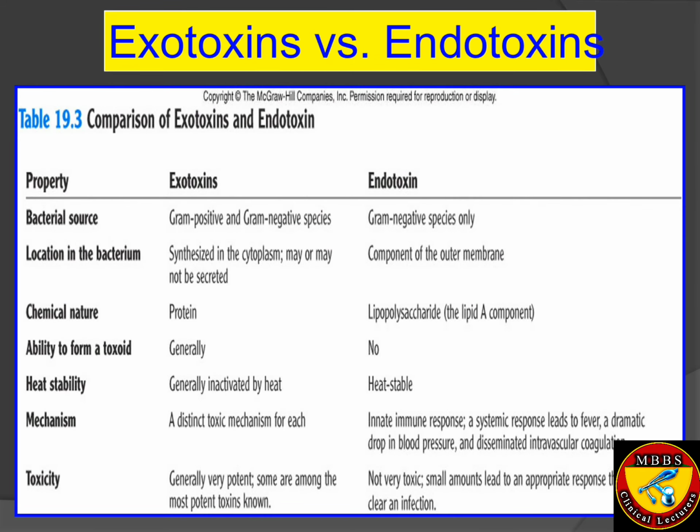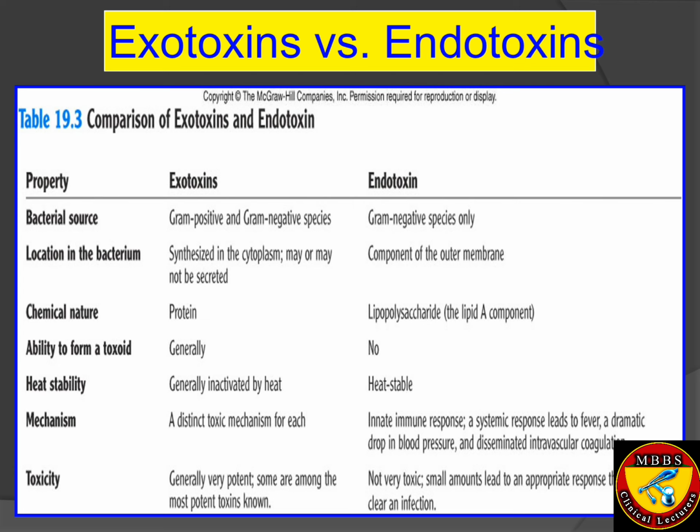Again, another picture showing major differences between exotoxin and endotoxin. Endotoxin is part of the outer membrane of the gram-negative cells, and it is chemically a lipopolysaccharide. It cannot be converted into a toxoid form, so the ability to form a toxoid is not present in endotoxin. It's a heat-stable molecule, and the mechanism of action of endotoxin is by innate immune response.